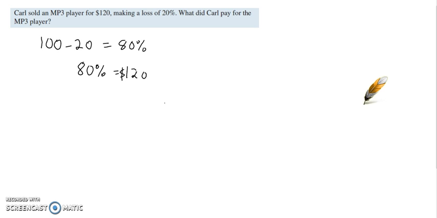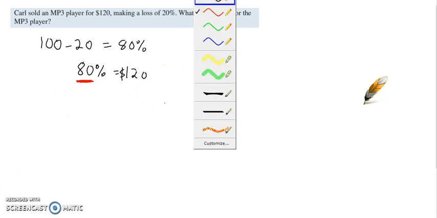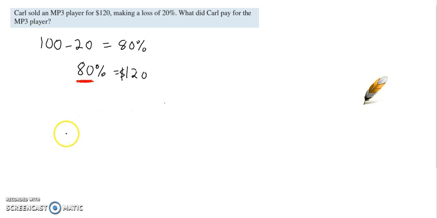What I like to do now is I take everything back to 1% and then bring it back up. So, how you go about that, whatever the percentage is here, in this case it is 80%, I divide both sides by it. And I would end up with 1% equals 120 divided by 80, which is 1.5.